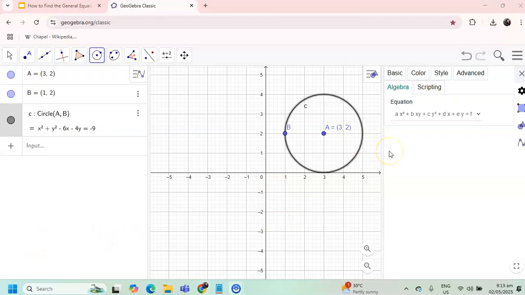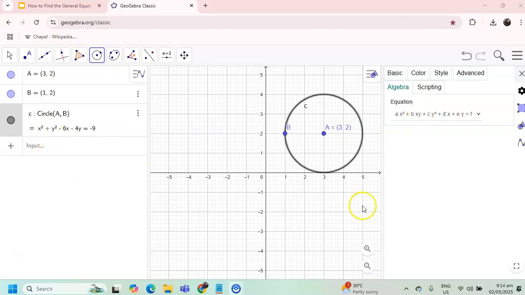The general form of a second degree equation is ax^2 + bxy + cy^2 + dx + ey + f = 0. However, since we are dealing with a circle, there is no xy term.